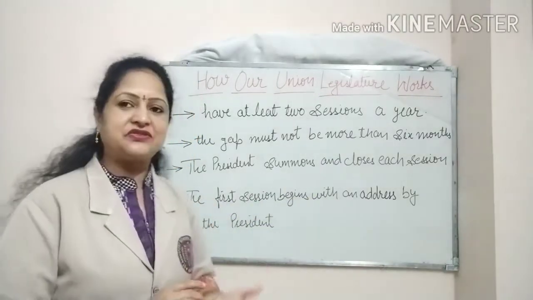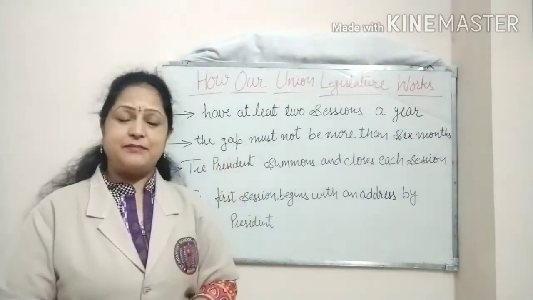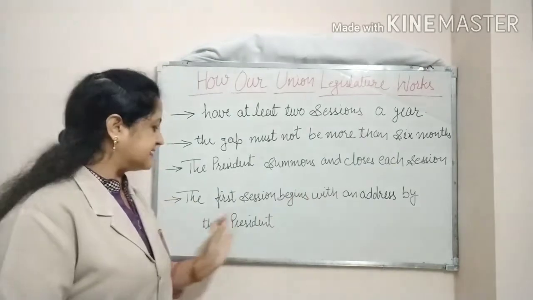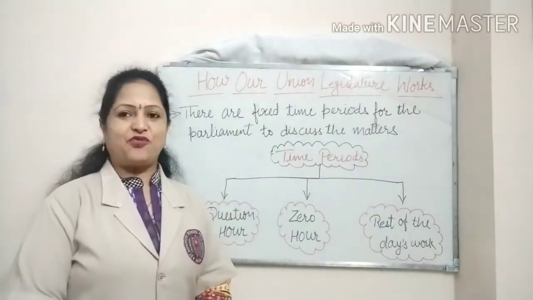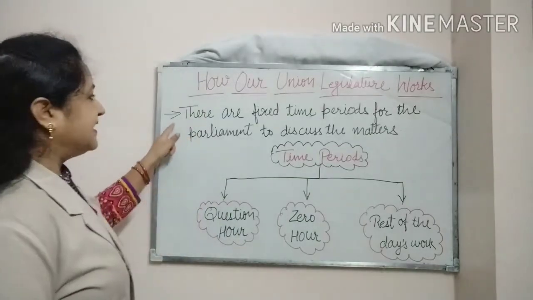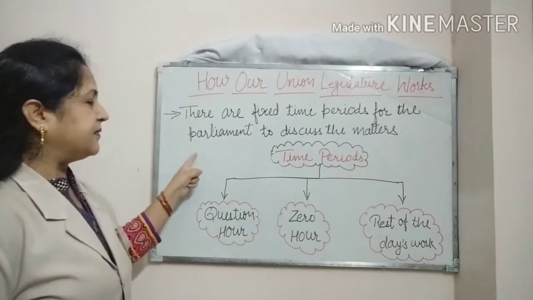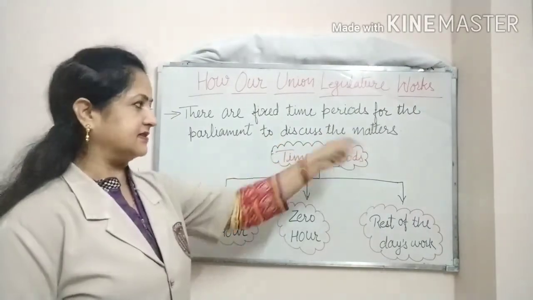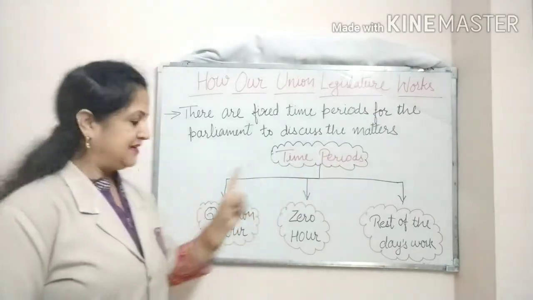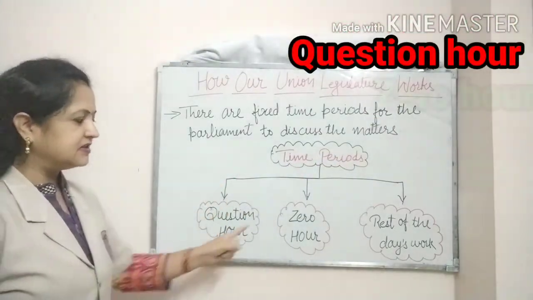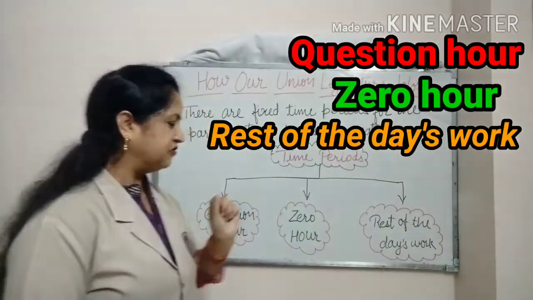So the first session of the year, the parliament session, begins with an address by the president. Next point is there are fixed time periods for the parliament to discuss the matters. So these fixed time periods are question hour, zero hour and rest of the day's work.